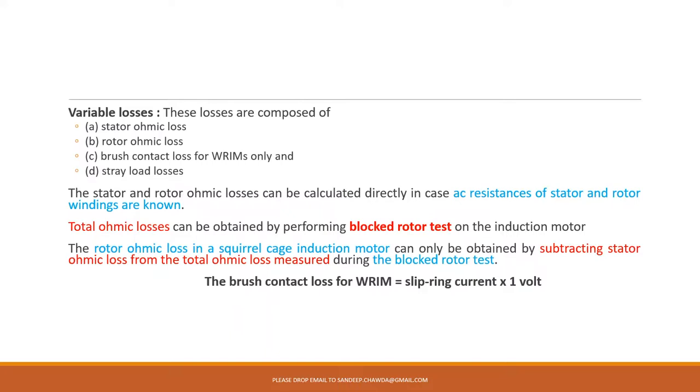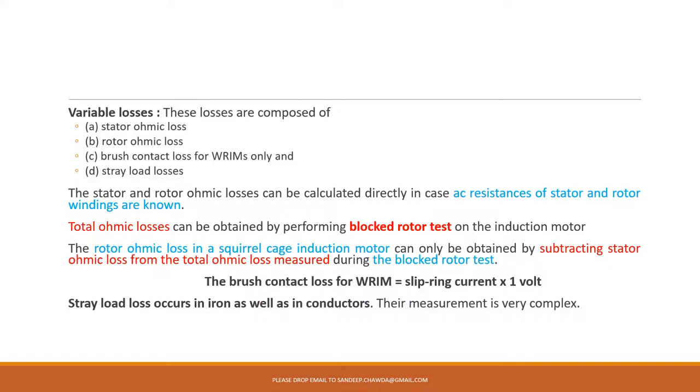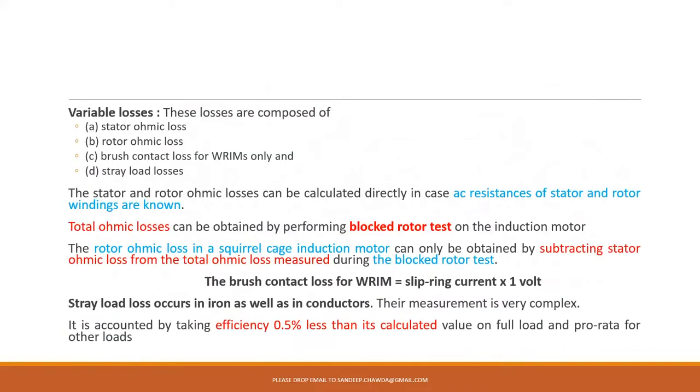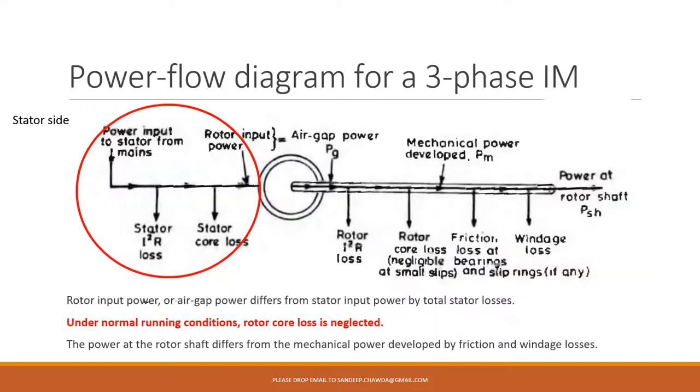The obvious reason is that this particular motor consists of brushes, so you must consider that loss. The stray load loss can be considered by just accounting 0.5% less efficiency in overall efficiency. That is accounted for that way, and it is usually not calculated.